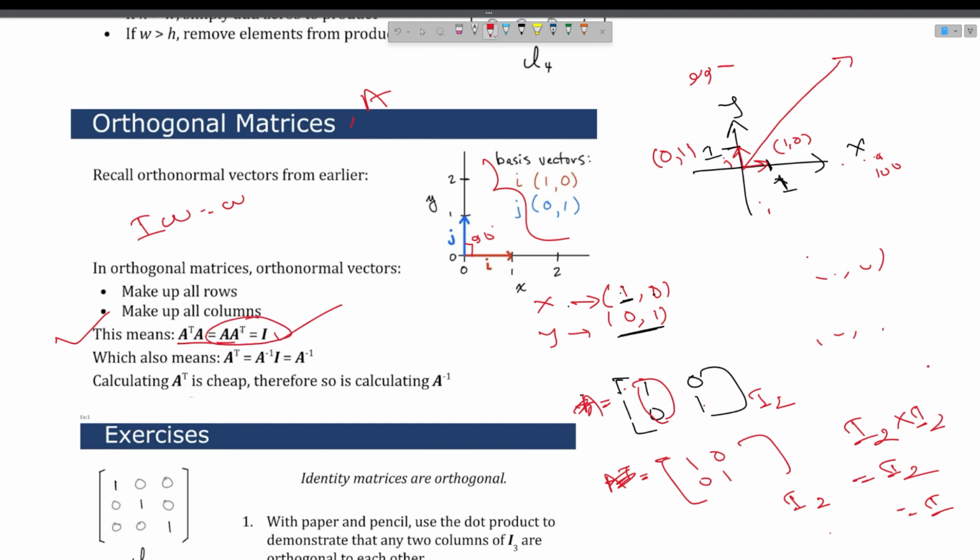Now if you look into this, that means A transpose times A equals I, obviously an identity matrix. Then we just add an A inverse on both sides. If you add A inverse on both sides, then these two cancel, and then AT equals A inverse I, right? So that's interesting. That means if a matrix is orthogonal and you want to get its inverse, if you just take the transpose, it actually is the inverse matrix.